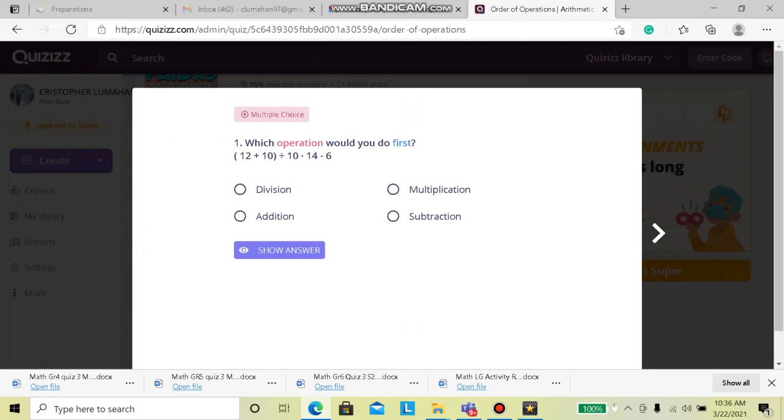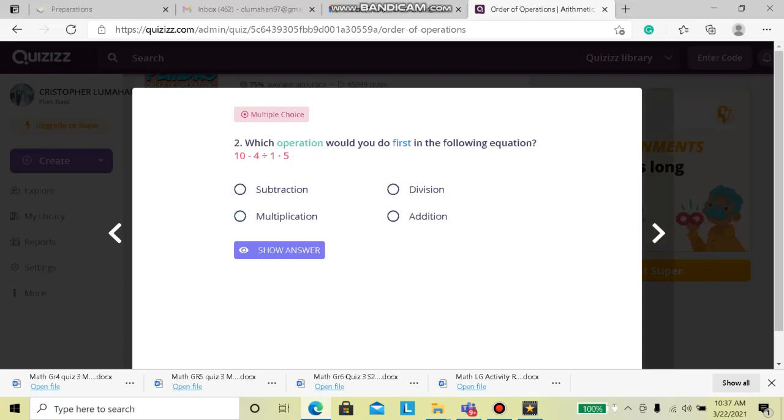Let's answer the following questions. Which operation would you do first? We have 12 plus 10 divided by 10 multiplied by 4 minus 6. Do it now. Okay, time is up. The answer is addition.